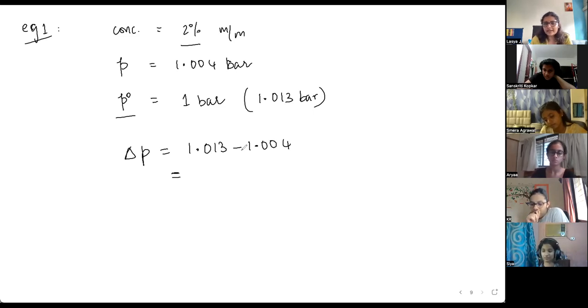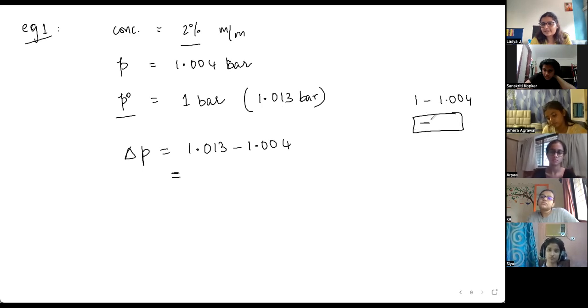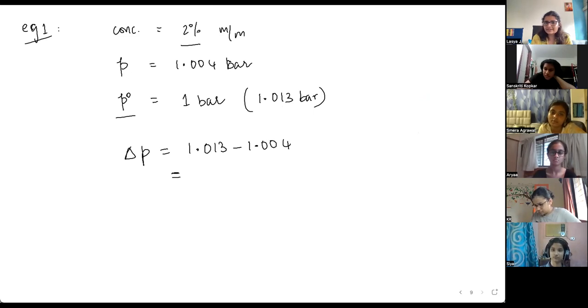But here I said we'll use 1.013 because if you do 1 minus 1.004, you're going to get a negative value, which defeats the purpose. The concept is you have relative lowering of vapor pressure, which means the original vapor pressure you should consider to be higher than 1.004. So I can't round it off to 1. That would give me a huge error.